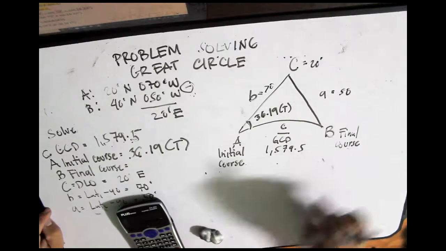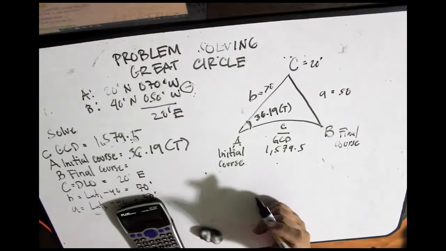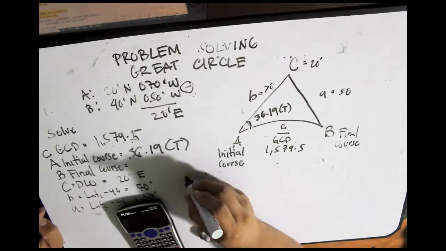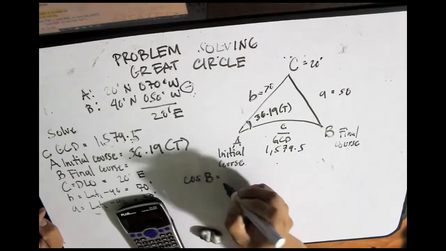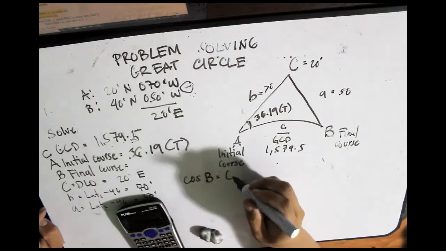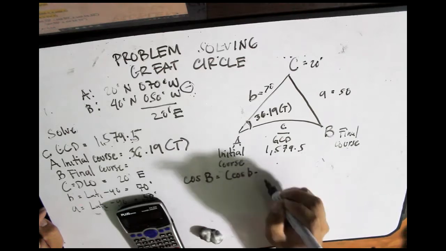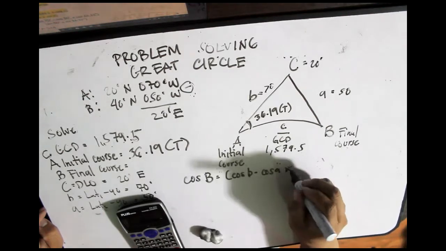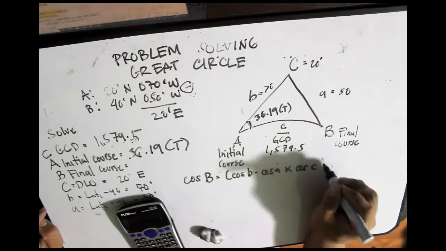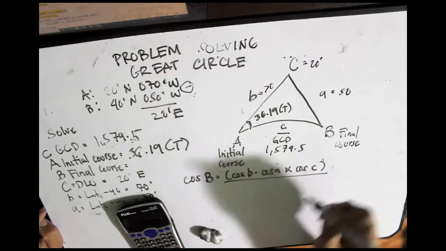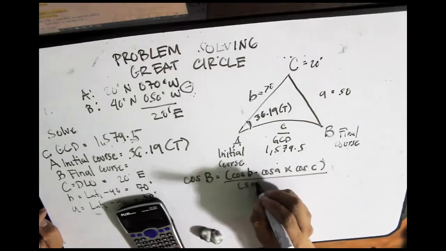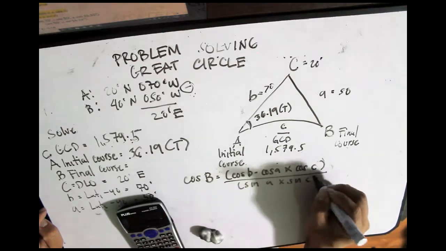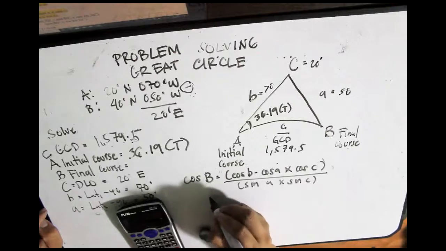Okay, so in determining the final course, we will use again the law of sine formula, which is cosine B is equal to cosine B minus cosine A, times cosine C divided by sine A times sine C. Okay, so ililabel natin yung mga parts.